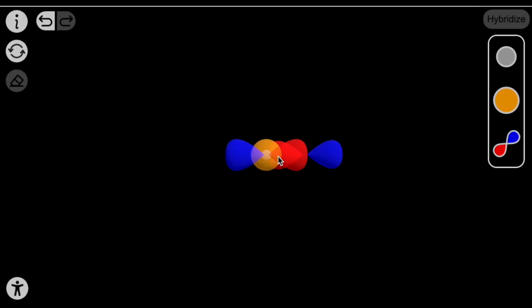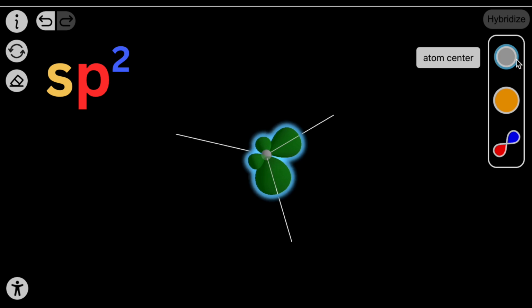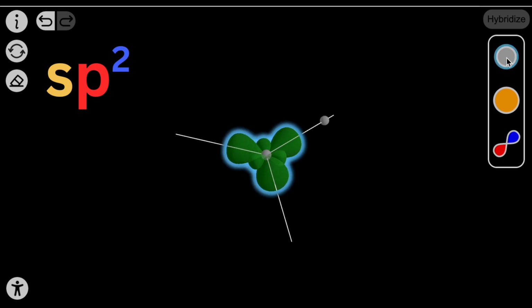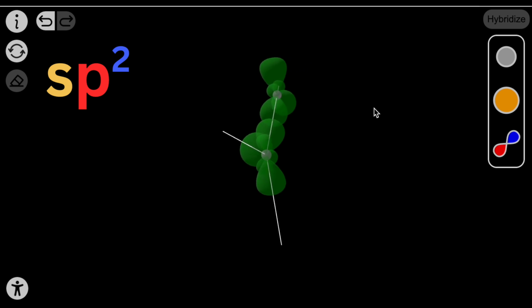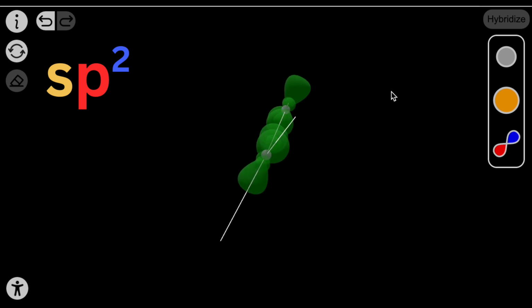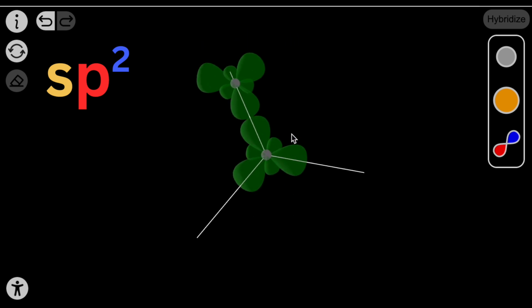So let's go ahead and make an sp2 hybridized atom. Let's add a second sp2 hybridized atom. And we could bond these right now if we want, but don't forget we are missing our last p orbital.